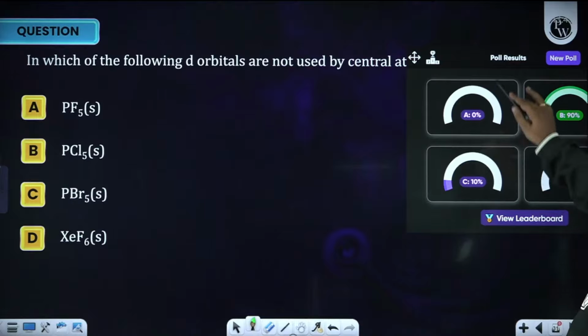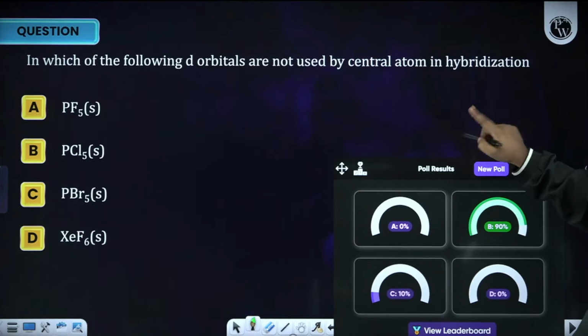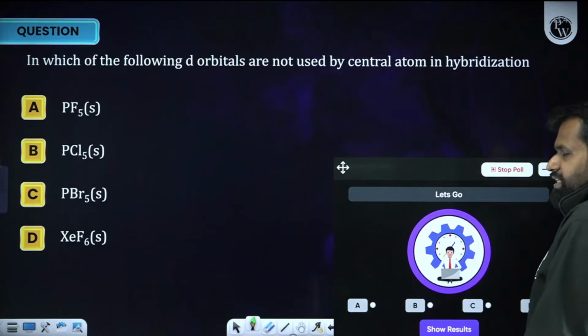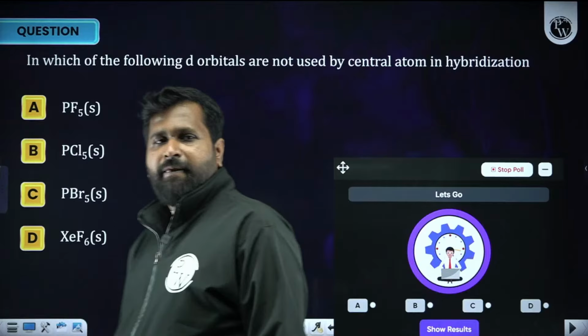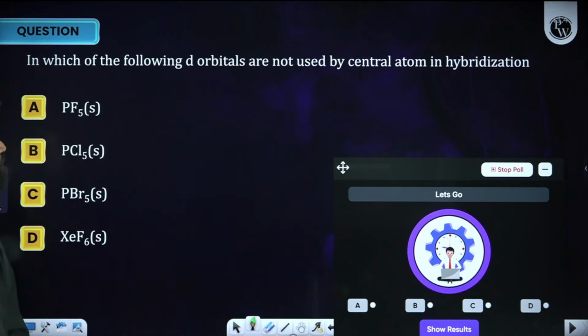Next question. In which of the following are d orbitals not used by the central atom in hybridization?